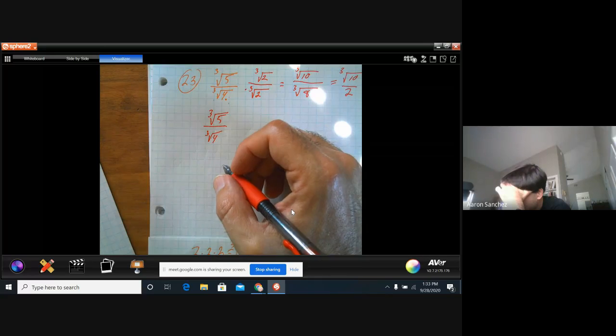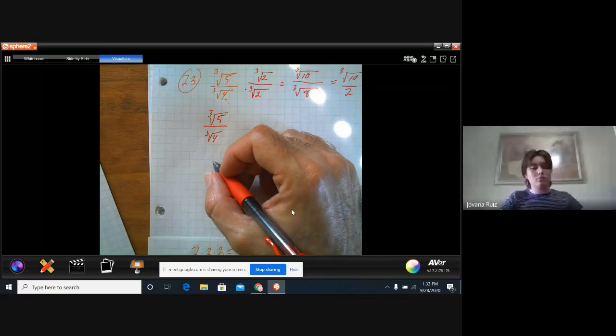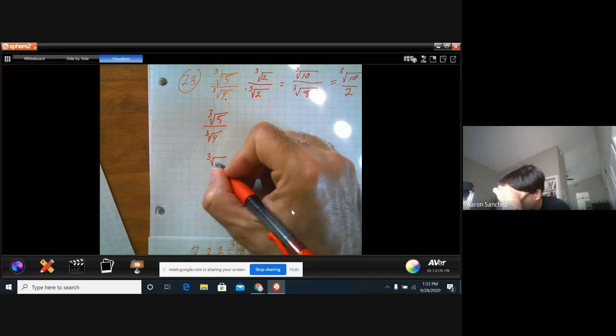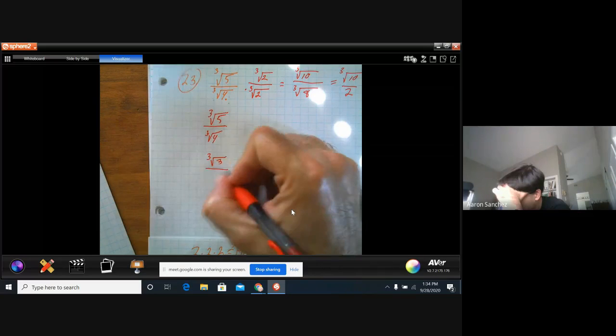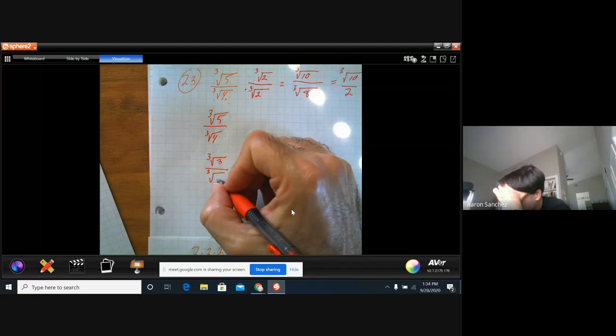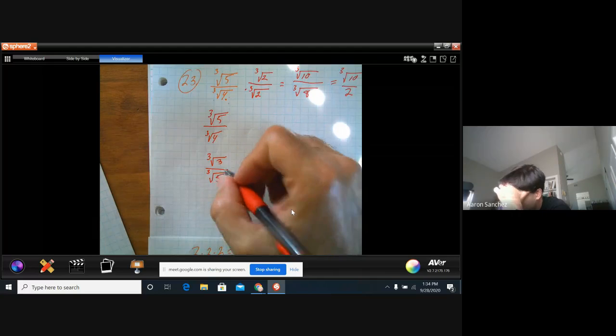Let's do cube root of 3 divided by the cube root of 5.